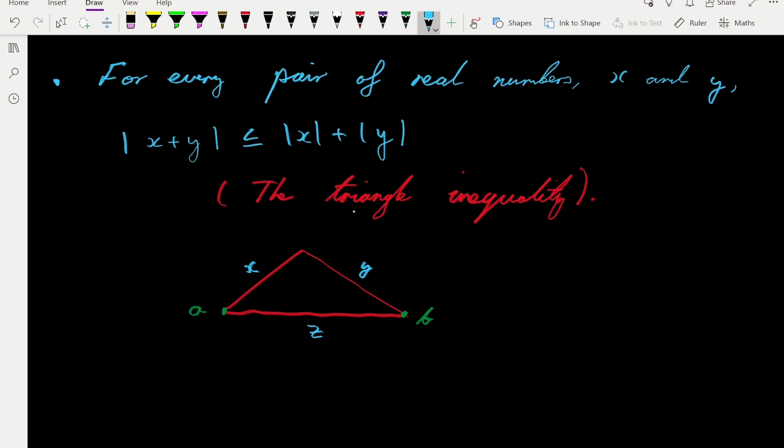Because notice that Z is just a straight line from point A to B.